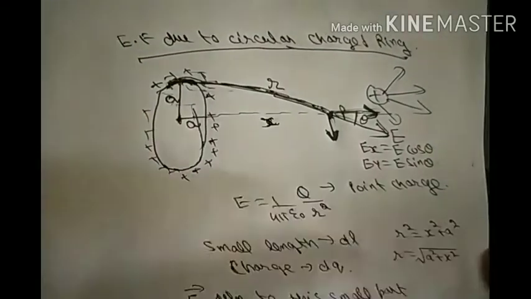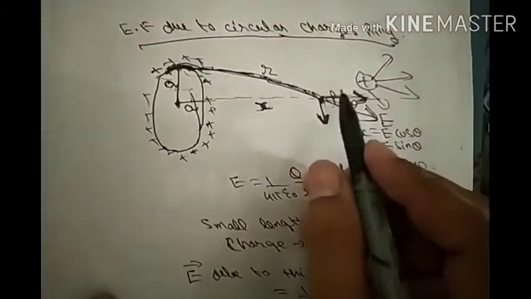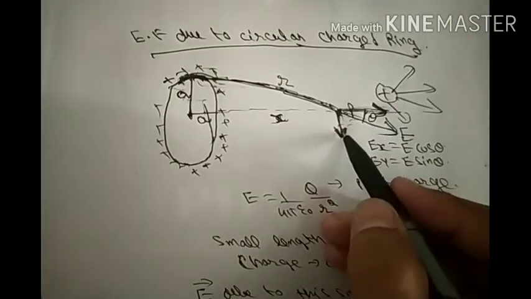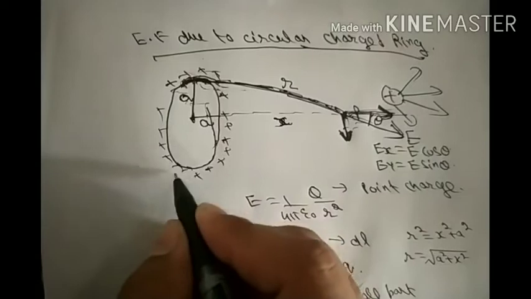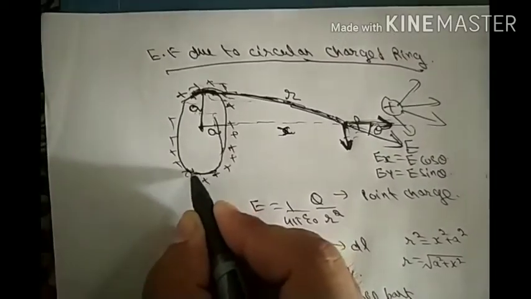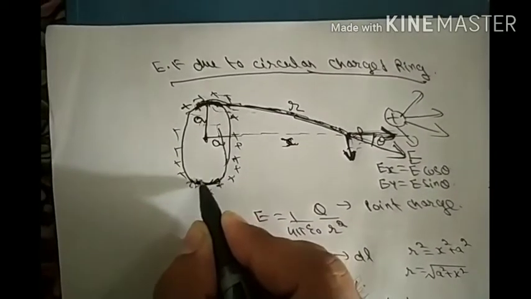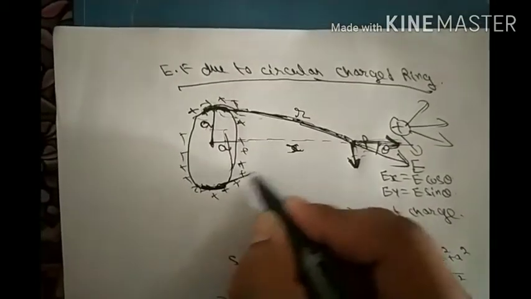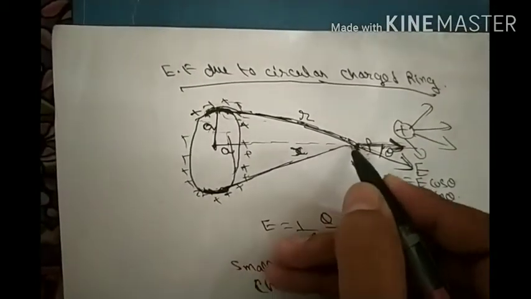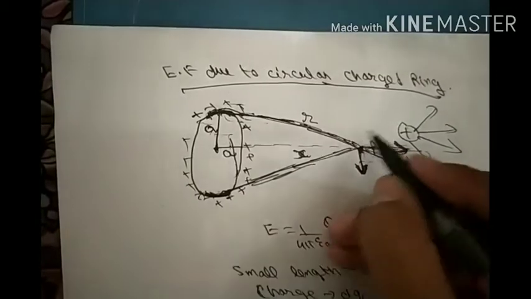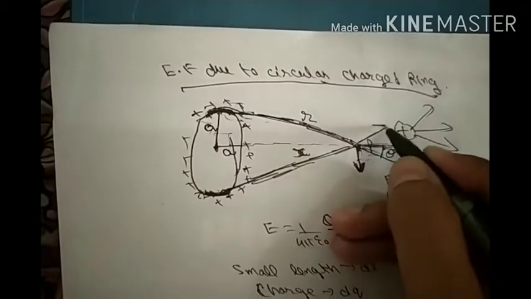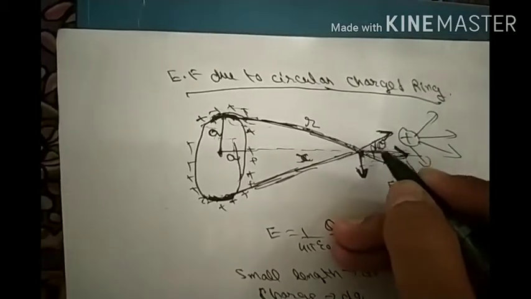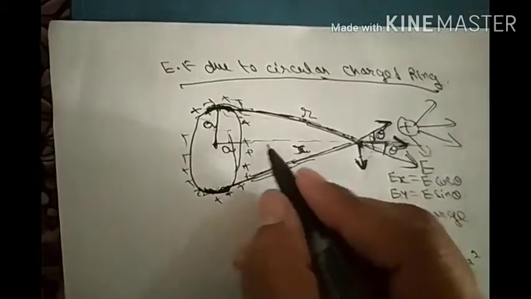So it is clear that this electric field is resolved into two components, E cos theta and E sin theta. Now consider the diametrically opposite small length dl, and we want to find the electric field due to it. The electric field direction is this, and this angle is also theta because it passes through the center.